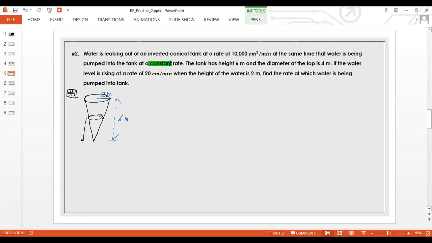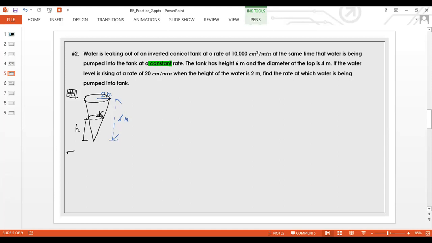We call this variable the height, so the height will change here. And then we have another variable, because if the water level is in here, then I have another variable, R, right? So it's the radius whenever the water sits there.